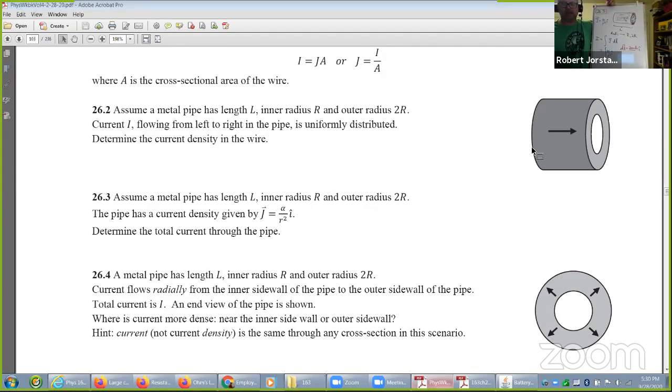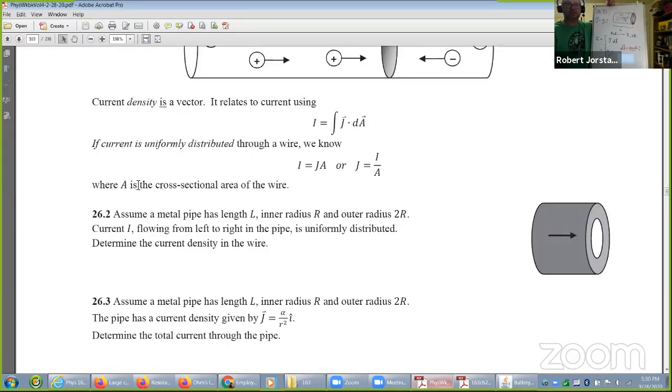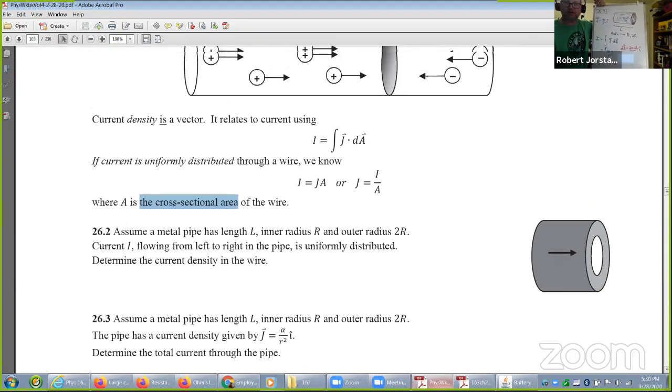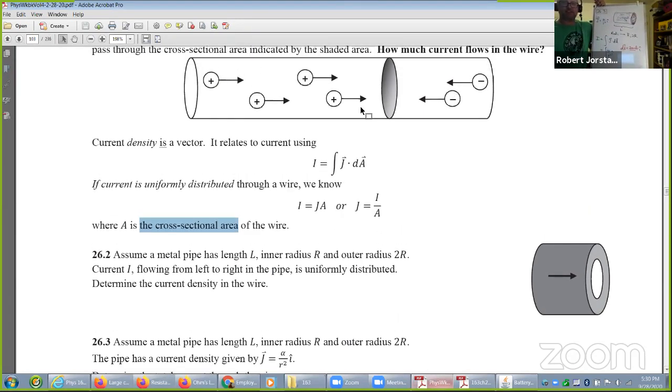So Sam, L is not considered in the area because of this. It's the cross-sectional area. We do not want the surface area. We're looking for the area through which charges flow. In this case, charges are not flowing through the sidewall, so that length L never has anything to do with it.